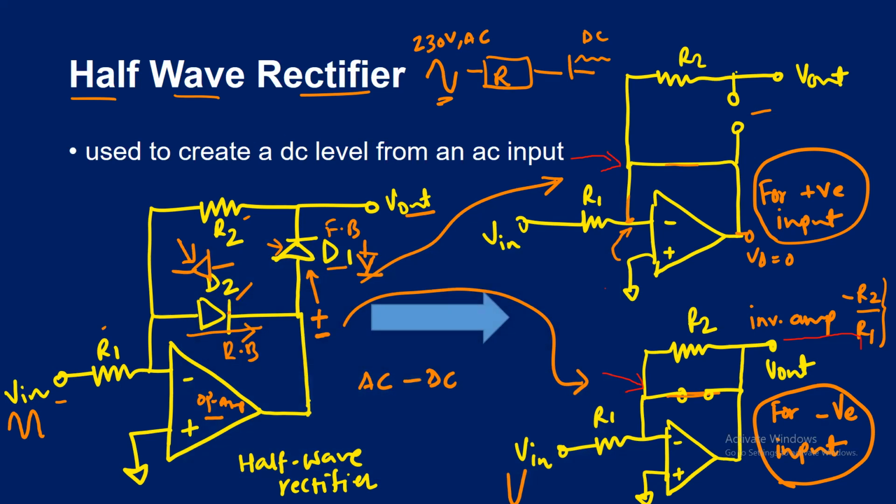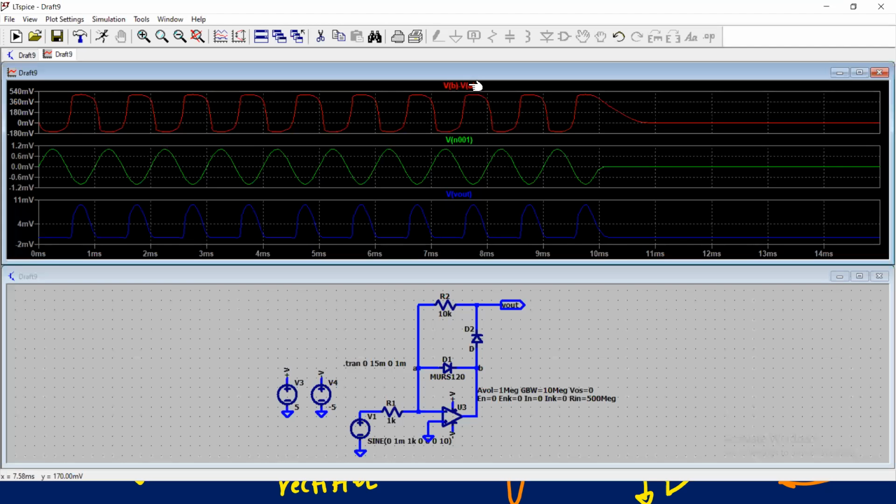One limitation of the half-wave rectifier is that it only operates on one half cycle of the input. You can see only one half cycle of the input is being processed. The other half cycle is not there. So the option is to go for a full wave rectifier.